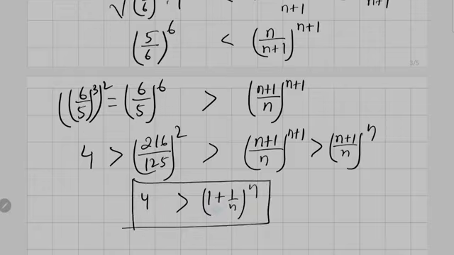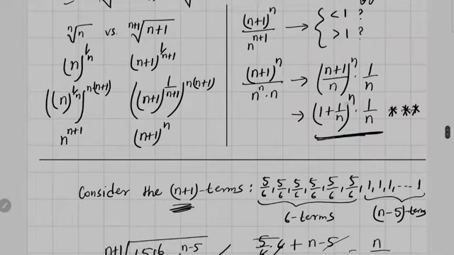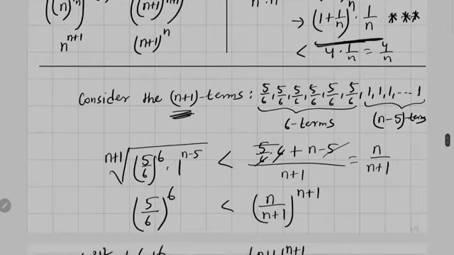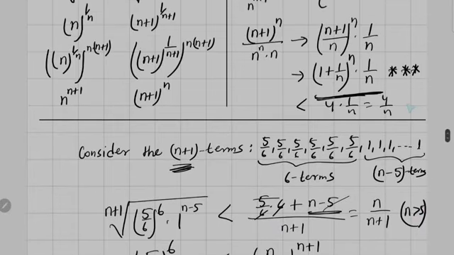So I have the quantity (1 plus 1 by n) to the power n is less than 4, which means this quantity is less than 4 into 1 by n, that is 4 by n. But this inequality is true for n bigger than 5 for positive values. So if n is bigger than 5, it is less than 1.